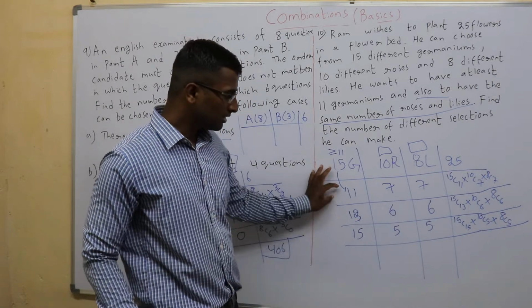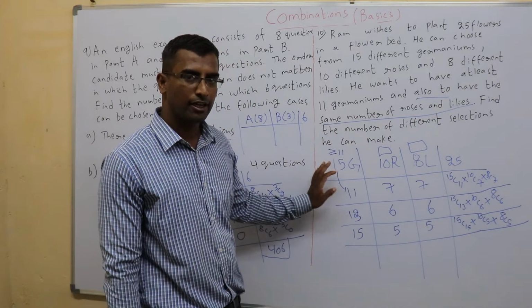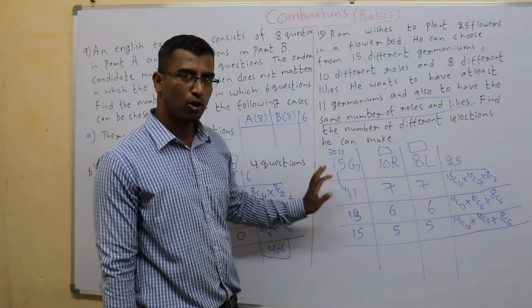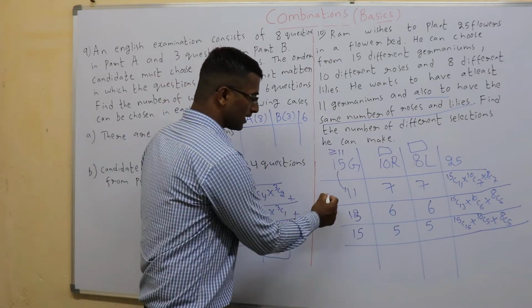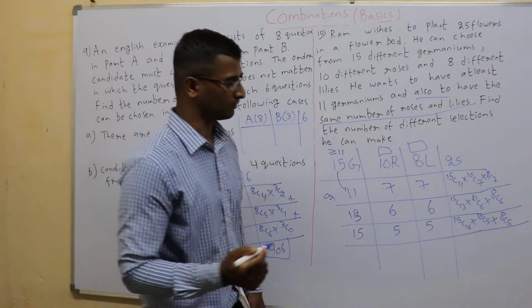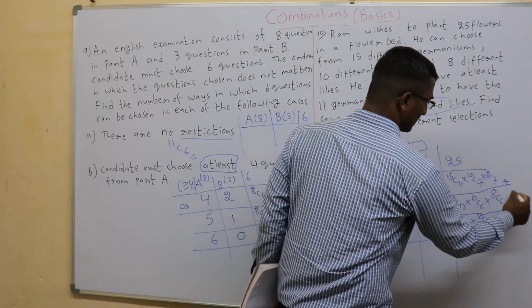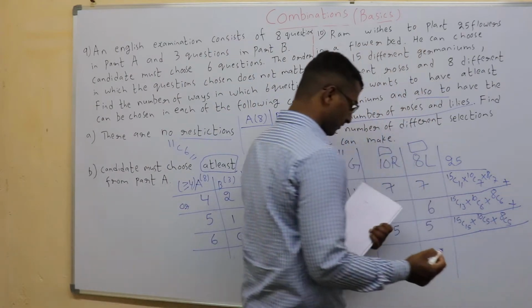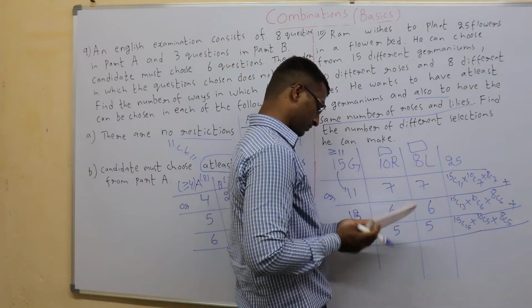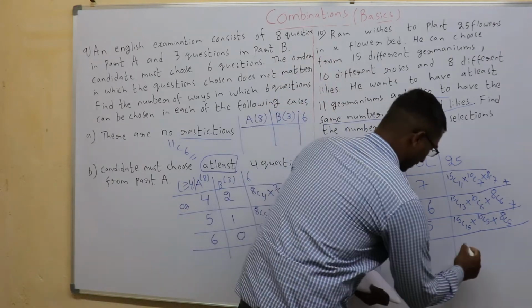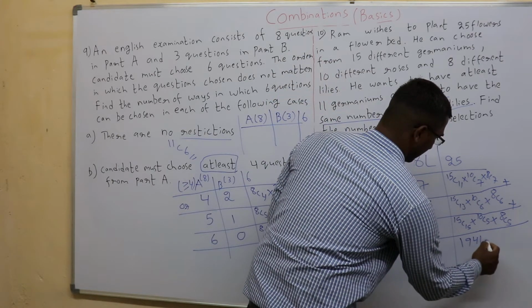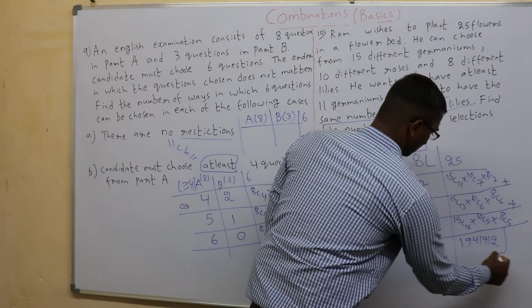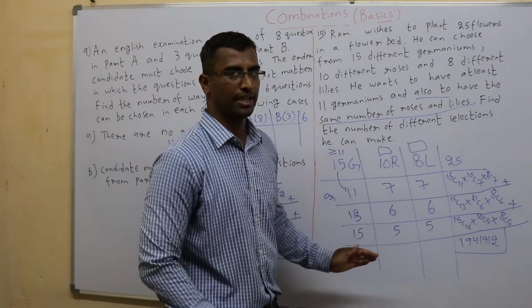Clear? This could be the possibility or this or this. Since the word or is coming, you need to add. Adding these gives 1941912 as the final answer.